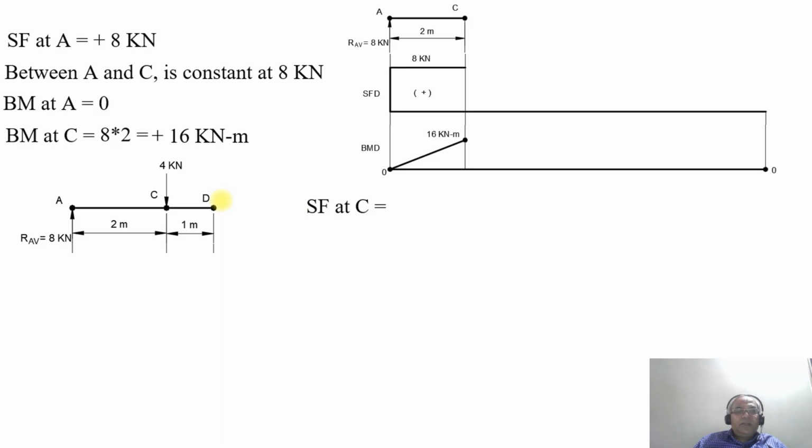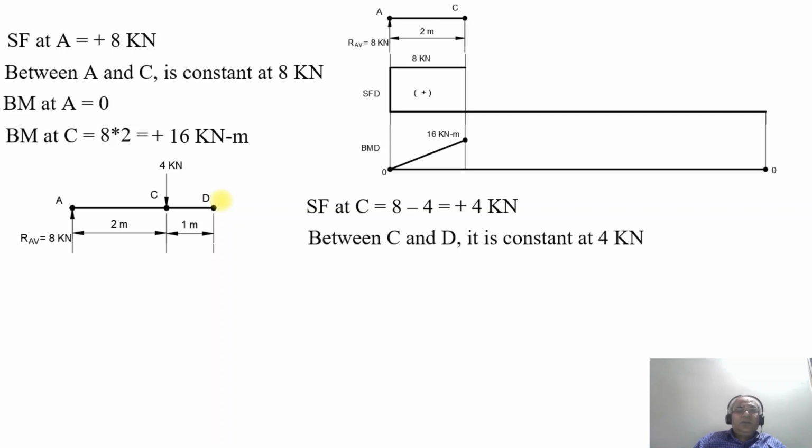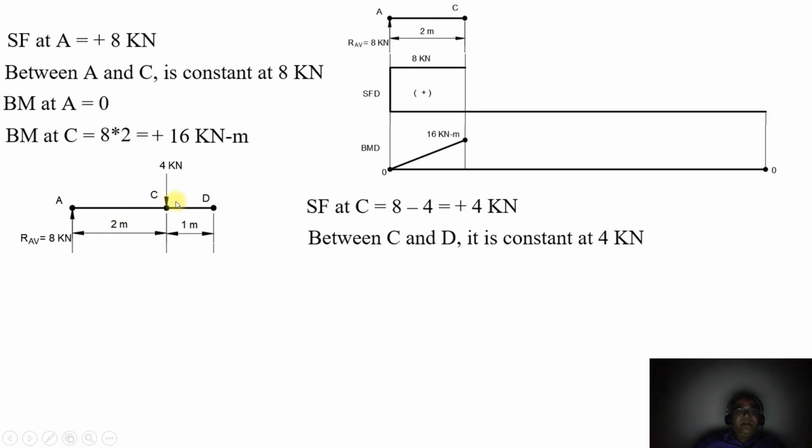SF at the point C will be equal to plus 8 minus 4, we will get that as plus 4 kilonewton. So between C and D, as there is no other load acting on the beam, it remains constant at plus 4 kilonewton.